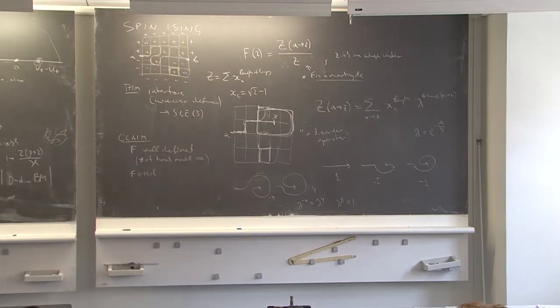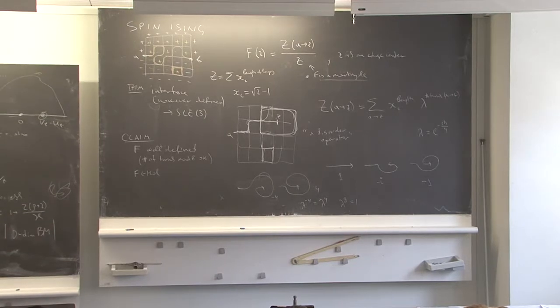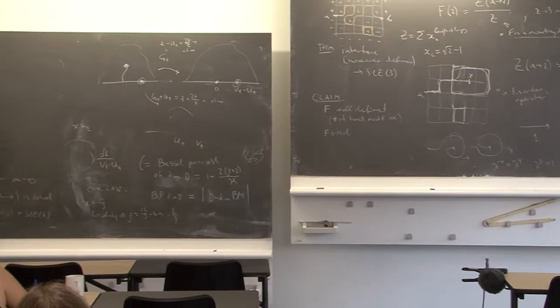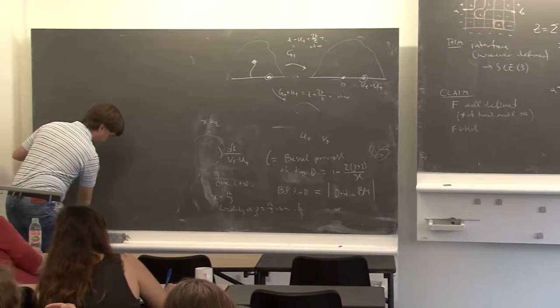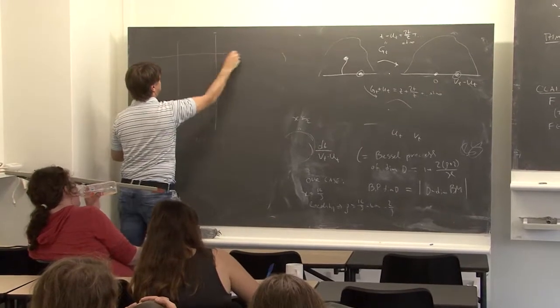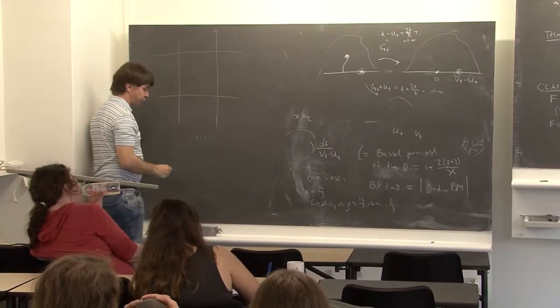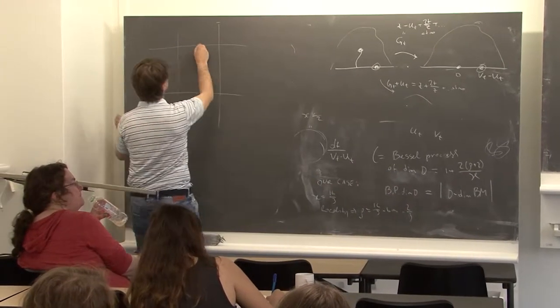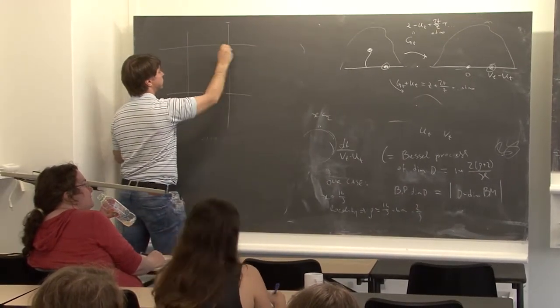Now it's the same definition on the same lattice, so let me just draw a picture. You remember that in the FK model we were using a slightly different lattice. We were using a lattice like that.